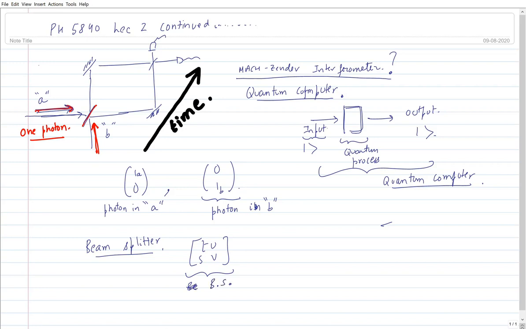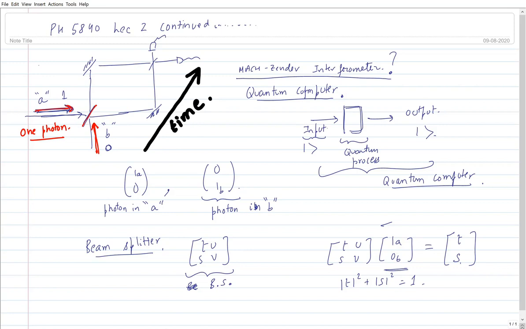So I'll have that as my input state. Photon here, one photon here, and maybe nothing here. And I'll have some sort of an output. I'll have T and I'll have S. Now, of course, unitarity demands that T square plus S square is 1.